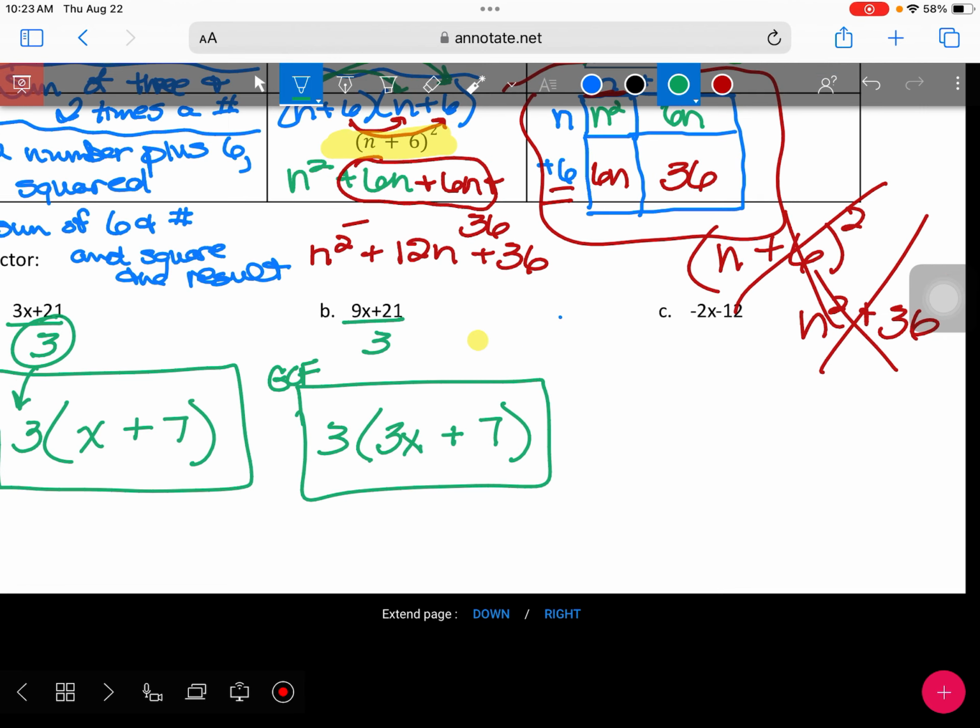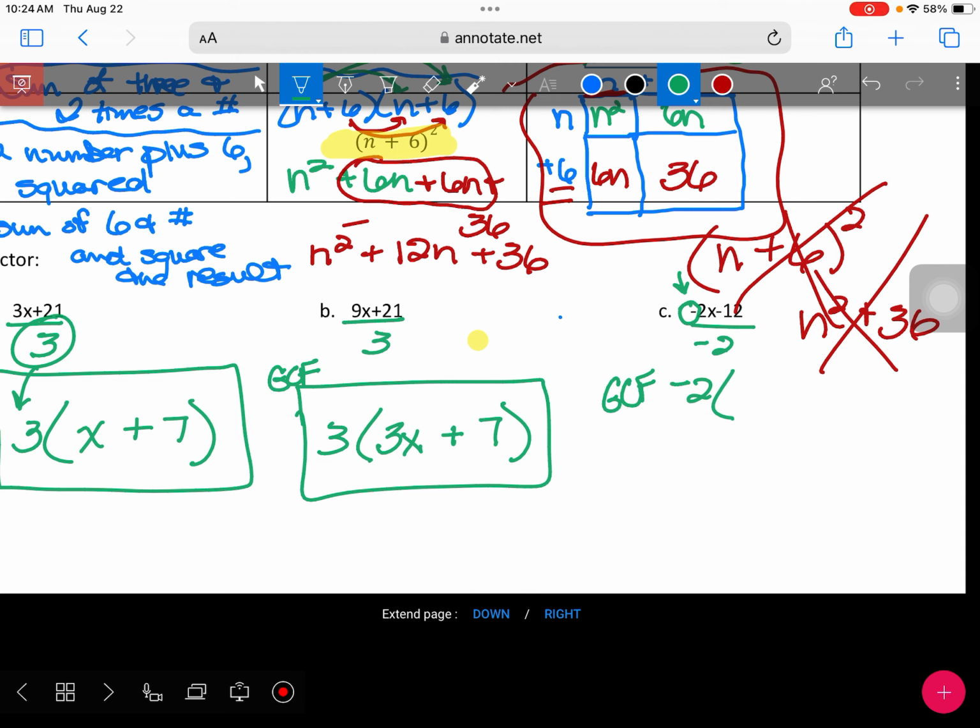And the last one, negative 2x minus 12. What's your greatest common factor there? Negative 2. Yes, make sure if the first term has a negative, that you factor out the negative. So divide by negative 2, that's your greatest common factor.